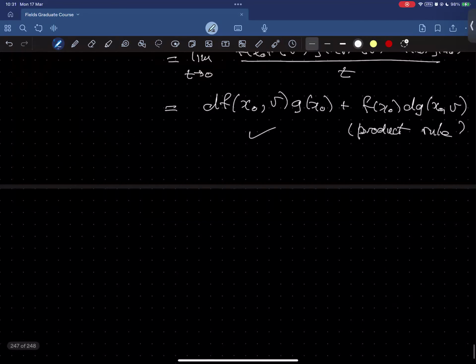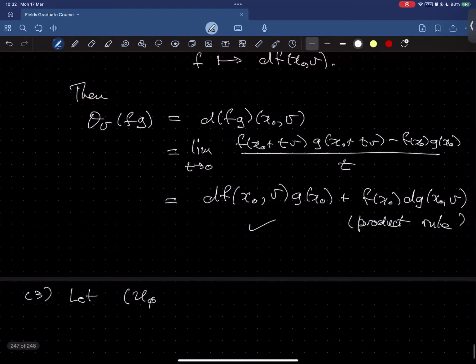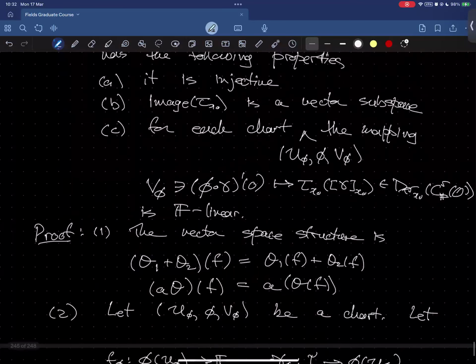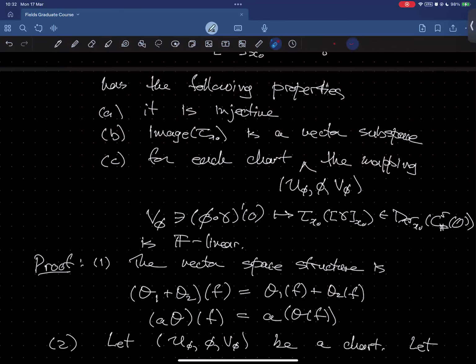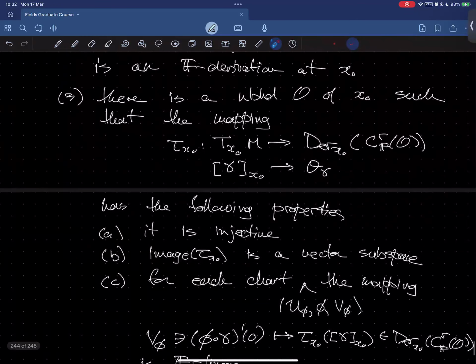So part three is kind of the interesting part, and that's going to take me a few minutes. Okay, so again, I'm going to work in a chart, okay? And so what's part three? So part three says I have this mapping from the set of all tangent vectors, the tangent space, into the space of derivations.